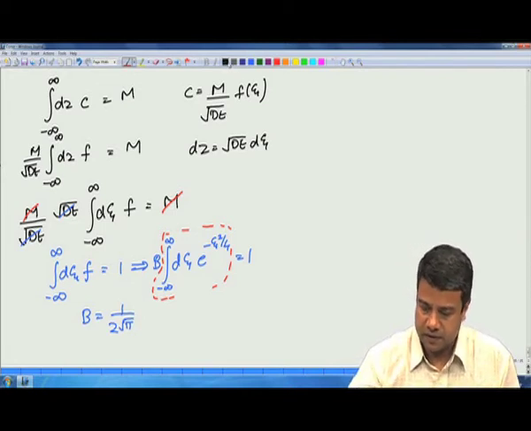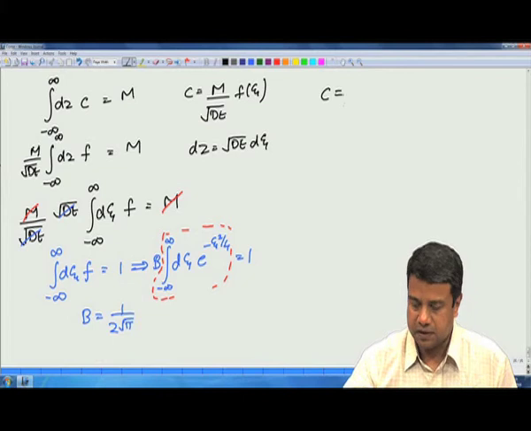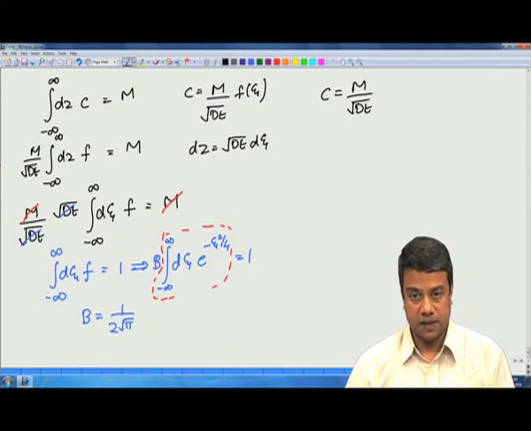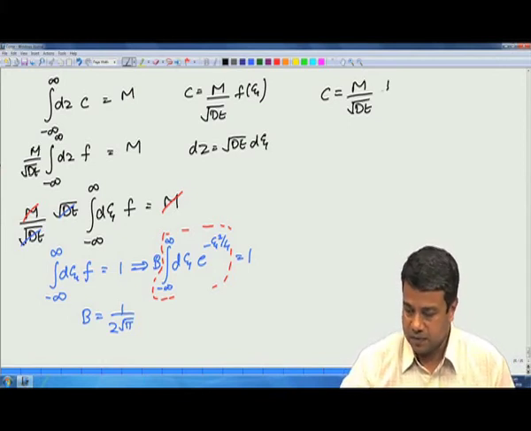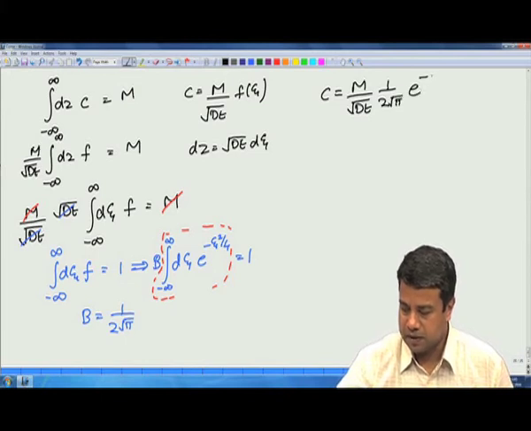Therefore, the expression for the concentration field C is equal to m by root dt times f. f is 1 by 2 root pi e power minus z square by 4 dt.